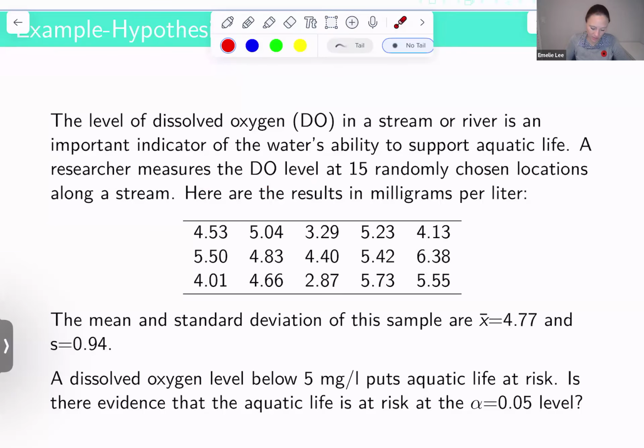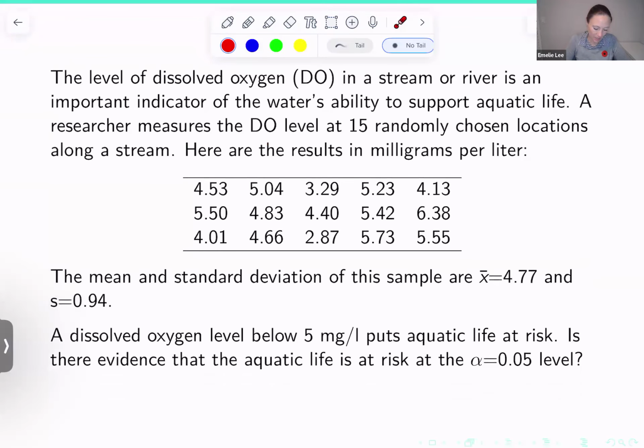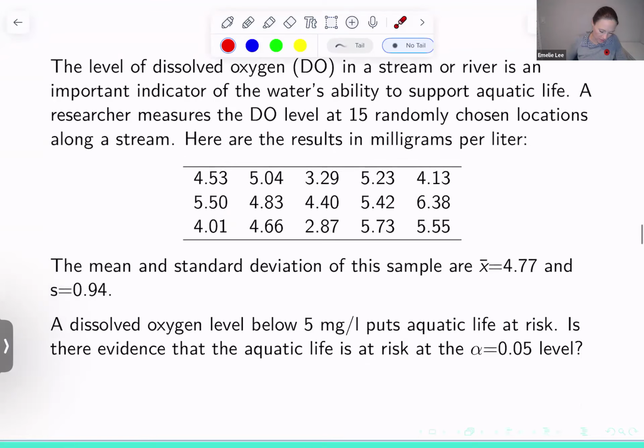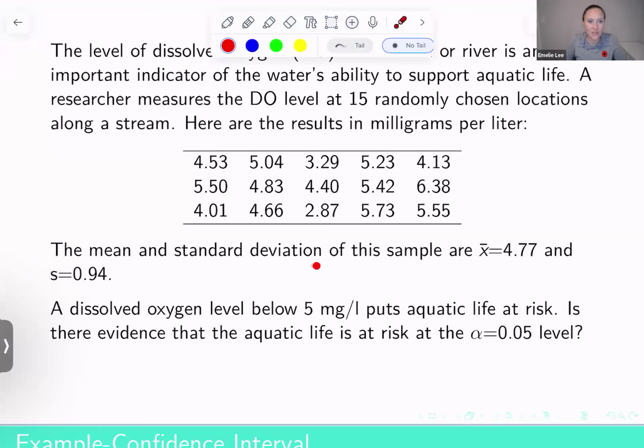Here are the results in milligrams per liter: 4.53, 5.5, 4.01, we've got this variation, but generally hovering around 5. The mean and the standard deviation of the sample are x bar, which is 4.77, and s, which is 0.94. If we calculated the mean and the standard deviation of these numbers, that's what we would find.